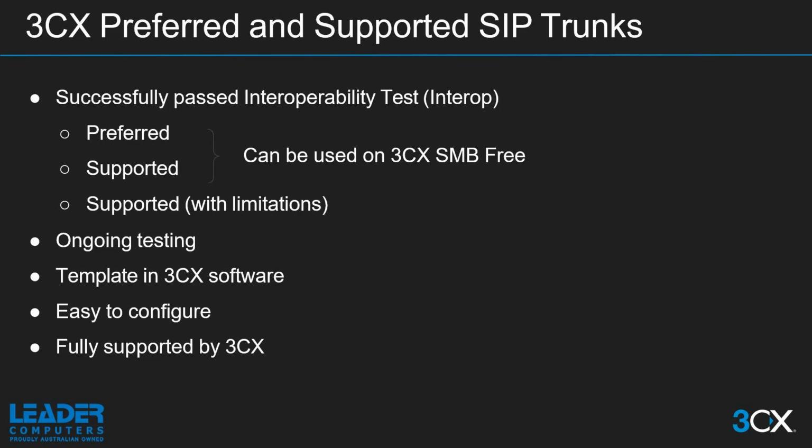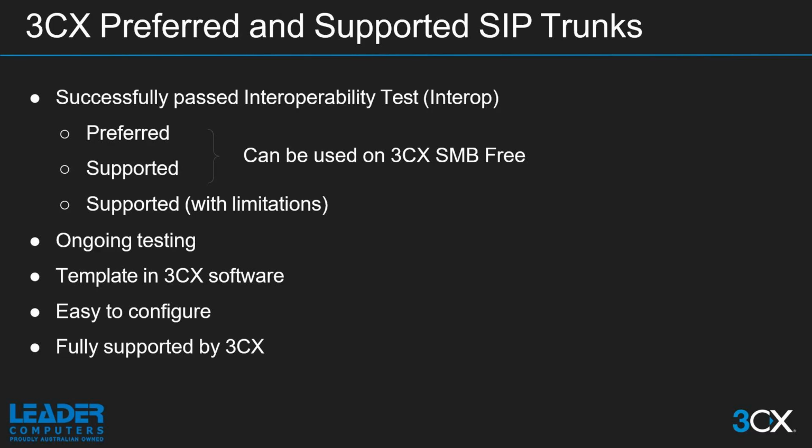For example, if you have a third-party provider and you're using a generic trunk, and something changes on the 3CX and the provider doesn't like it, you might face issues, and you need to figure it out on your own to see what changes have been made, and manually adjust the parameters. And vice versa, if the third-party voice provider you're using makes changes to their parameters, the 3CX might stop talking to the voice provider.